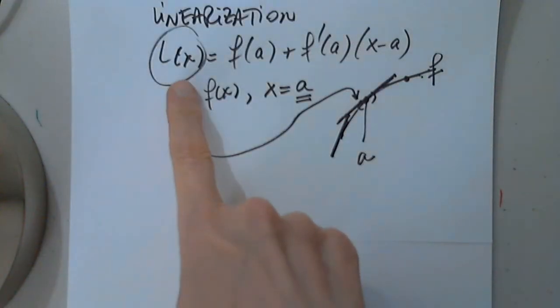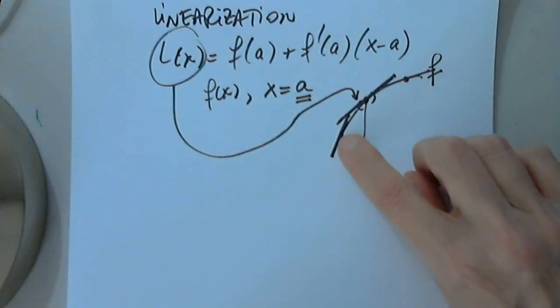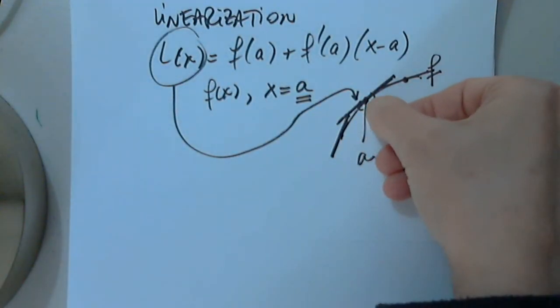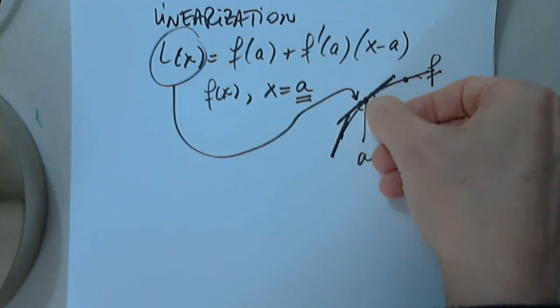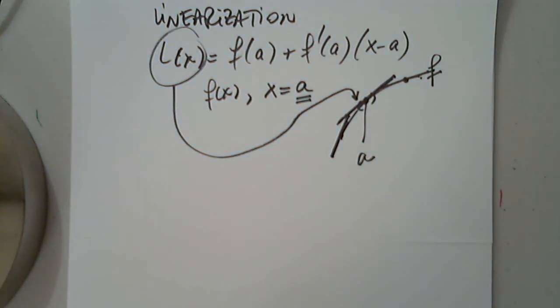Because this is basically an approximation of this function near a, near this point. Anything else, or would you like me to choose?